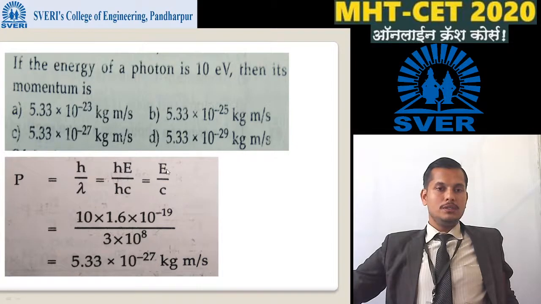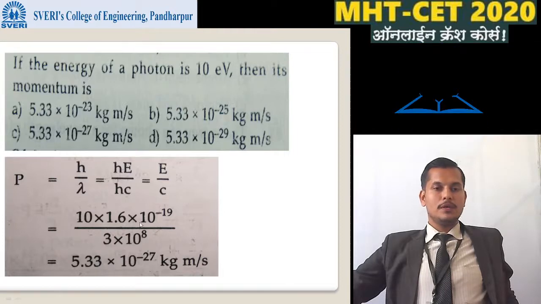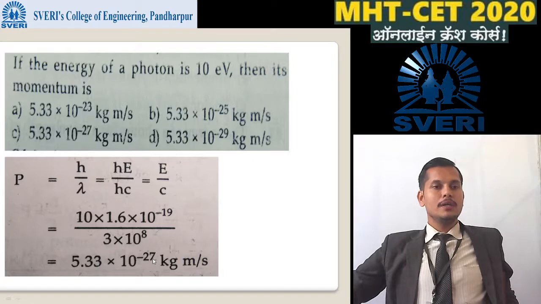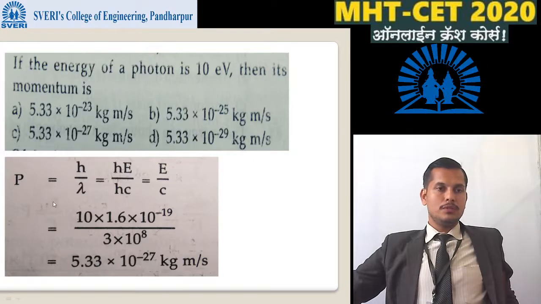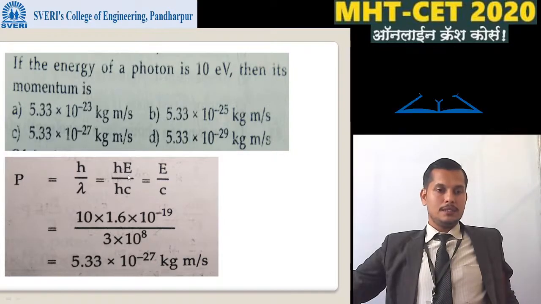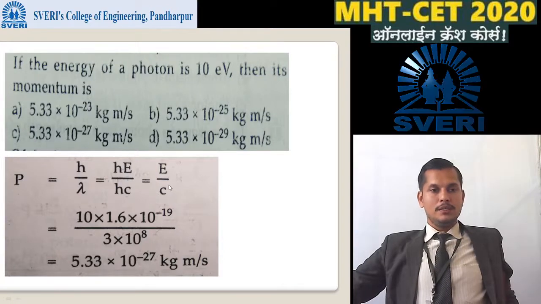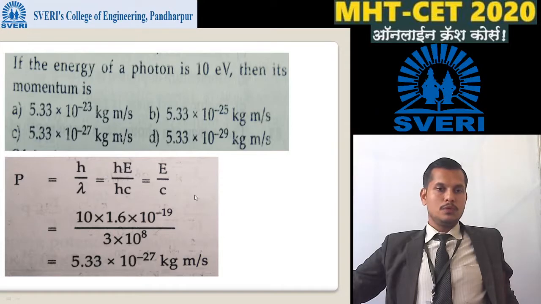The value of E is given to us, we have converted it by adding the factor 1.6 into 10 raised to minus 19, and we can get the answer. So we have to know this equation: momentum we can write as h by lambda, but here we have converted that into h into E by h into C, or simply E by C. So let us move to the next one.